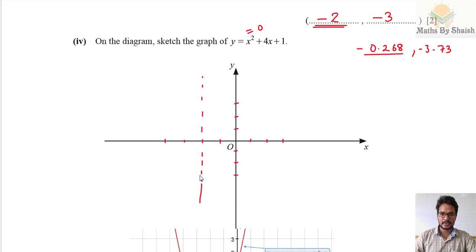The minimum point is (-2, -3), and we can take the roots as minus 3.73, somewhere here, and minus 0.268, also somewhere here. And if we want the y-intercept, it means x is 0, we get y equals 1, so it should pass through this. Altogether, if we join these things, we will get the sketch.